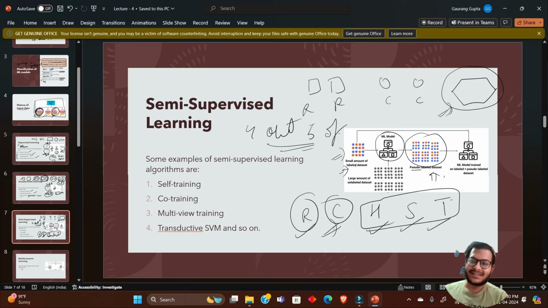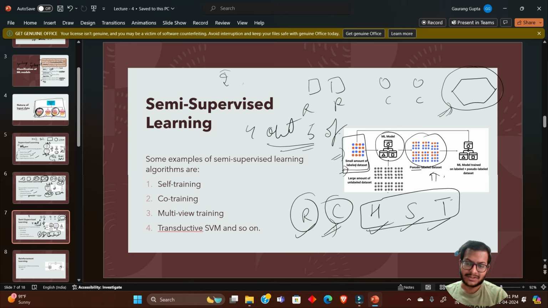Now, why did I say that this is one of the most commonly seen in real world data? The cost of labeling the data is very high. It is actually very high and it takes a lot of time. So what is generally done in many organizations is that they create a very good and very accurate small dataset which is actually labeled.